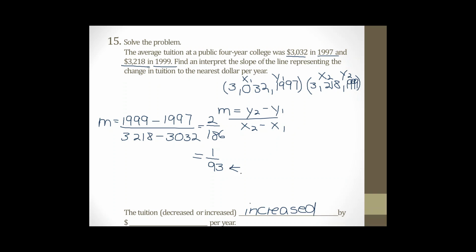The bottom number is the dollar amount, so it increased by $93 per year. The hardest part is interpreting whatever answer you get into a word problem. Originally, you could have switched these two numbers too, putting the y value instead of the x value. But as long as you know what your answer means, you are fine.